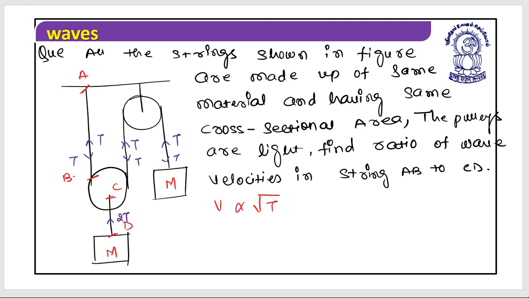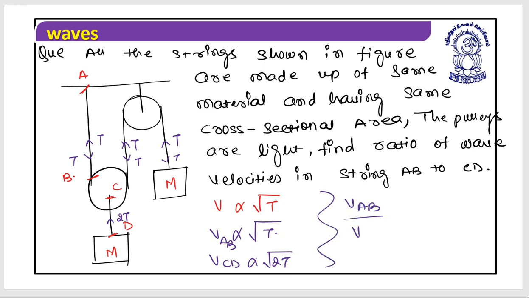Then what I can do is that velocity, which is equals to root of T, it's a velocity in AB, and velocity in CD, it's a root of 2T. So if I took a ratio of AB is to CD, so it's a VAB to the VCD. This is equals to root of T by root of 2T. This is equals to root of 1 by 2. So this is VAB is to VCD. I hope this is clear.